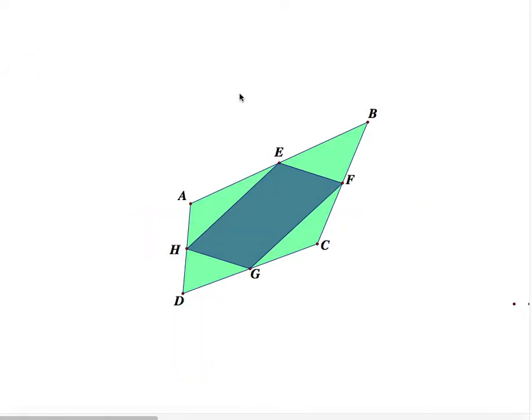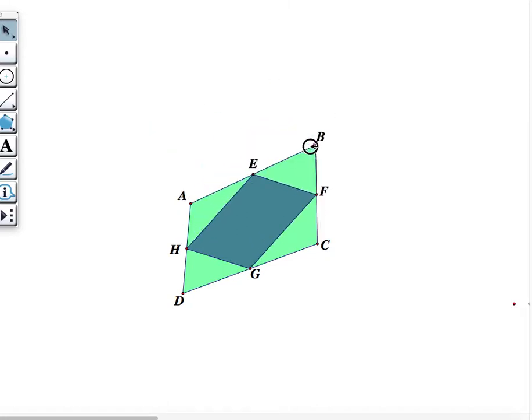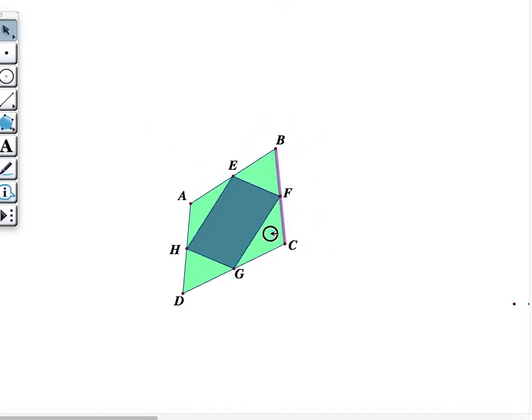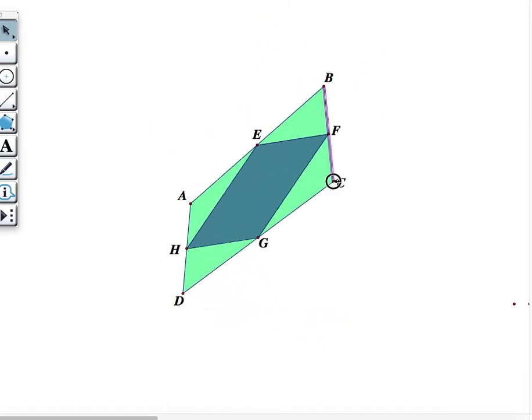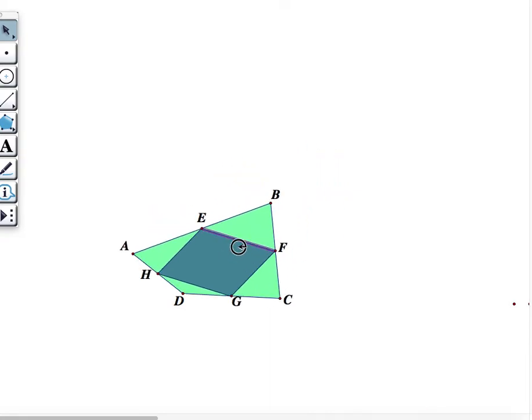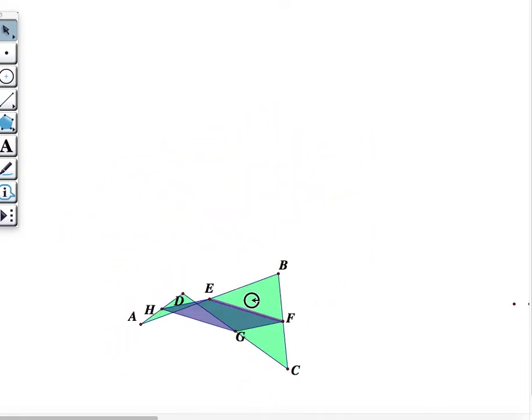So we've constructed a quadrilateral, ABCD, and on the midpoints of its sides, we've constructed another quadrilateral, EFGH. And in Sketchpad, we can drag the vertices around, we can drag the edges around, all like this.